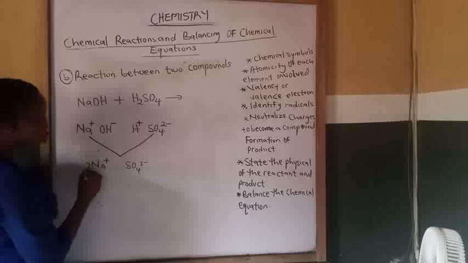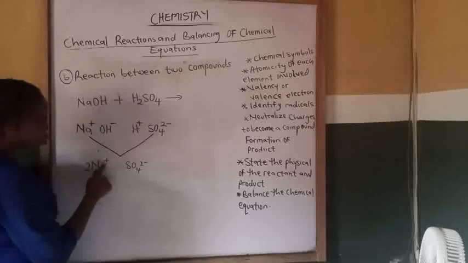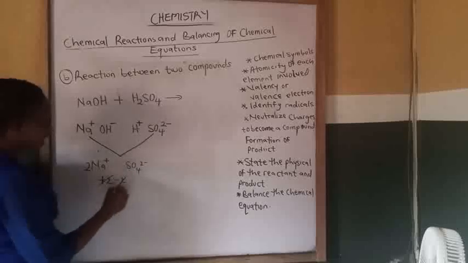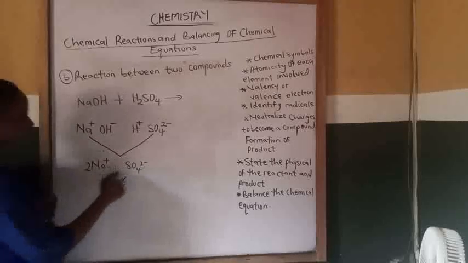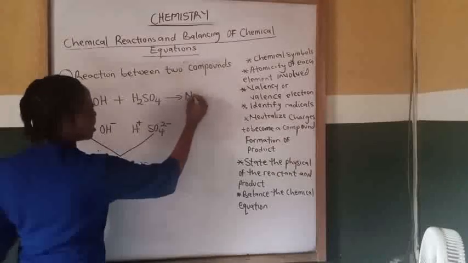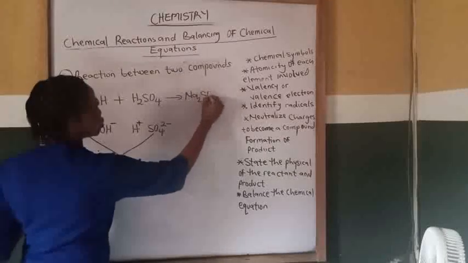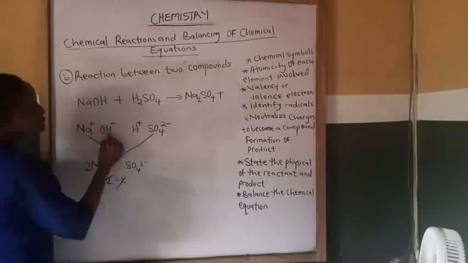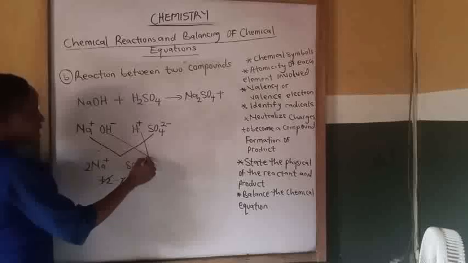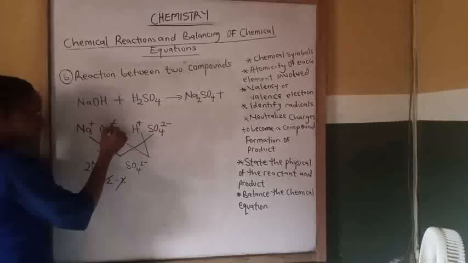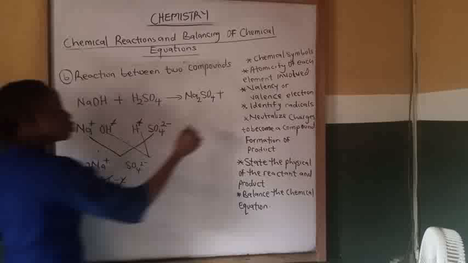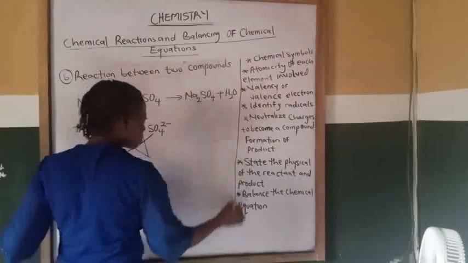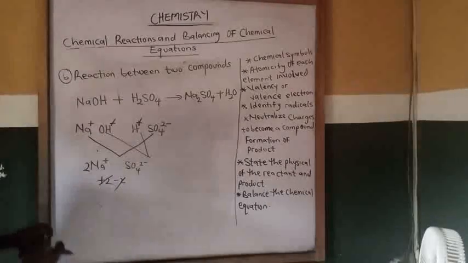So we have to multiply this one by 2, to give me plus 1 times 2 will give me plus 2. So plus 2 minus 2 will cancel each other. Then how many sodium? That is 2 sodium. We are going to write as Na2SO4. Then plus hydroxy ion will combine with what? Hydrogen ion. That is the minus 1 we cancel plus 1 to give us H2O.